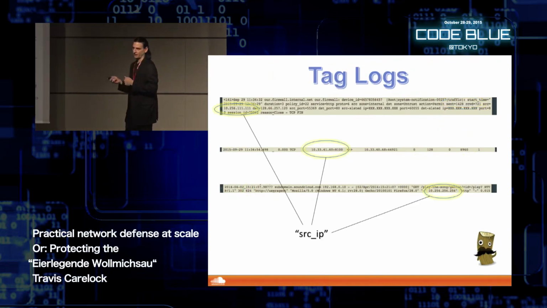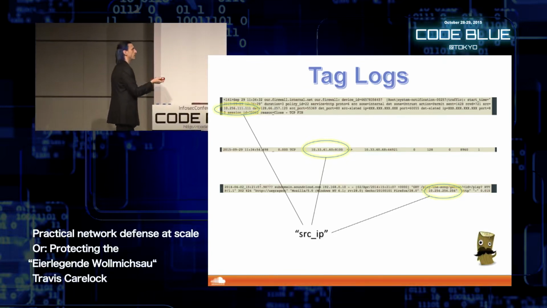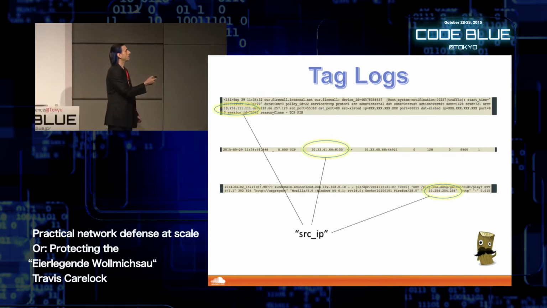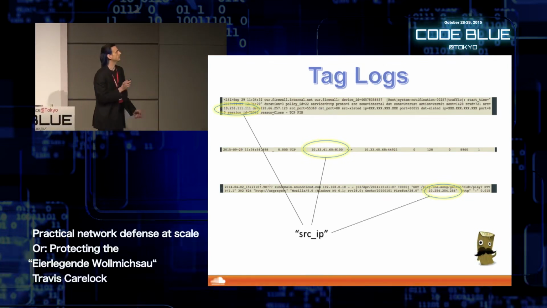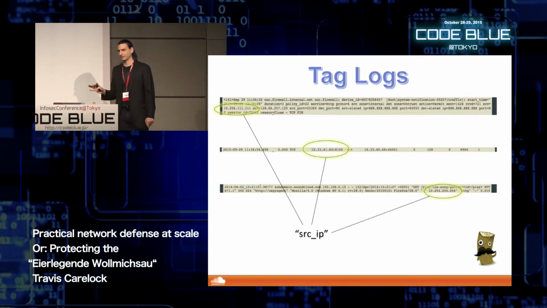You're also going to want to tag your logs. This is really important as well. In this log, all three of these log lines have a source IP in them. Up at the top, this one just has source equals. That's not super useful. And these two don't even have anything next to them.